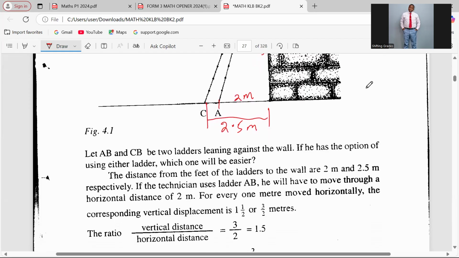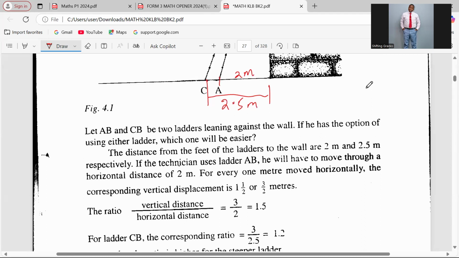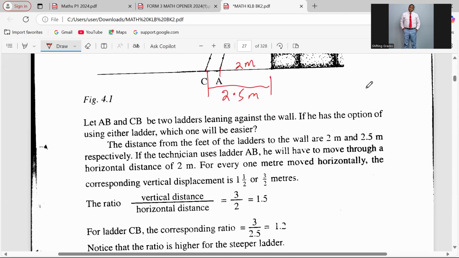If he has the option of using either ladder, which one will be easier? Let us look at how steep each is. The distances from the feet of the ladders to the wall are 2 meters and 2.5, as I have just said. If the technician uses ladder AB, he will have to move through a horizontal distance of 2 meters.